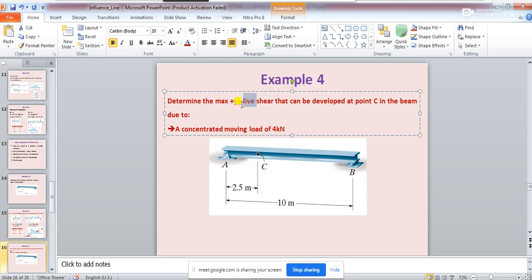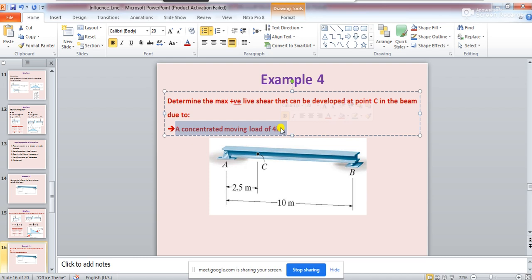So maximum positive live shear means you will have to go for the influence line diagram. It is not asking you about the shear force diagram. You will have to find out the maximum positive shear force developed in that beam at a point C when a load is moving on the beam, and the load in this case is given as a concentrated moving load of 4 kilonewton.